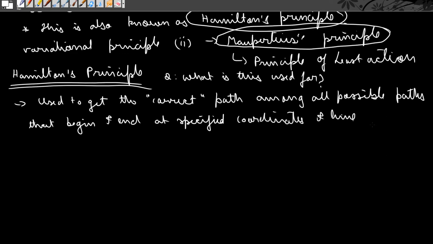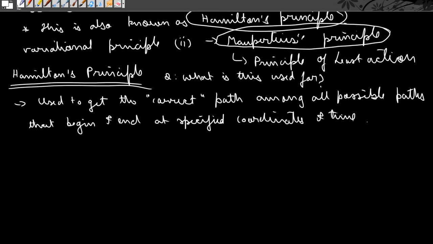What we mean by this is that to apply Hamilton's principle, we need to know the initial position and time of the system, and the final position and time of the system. That is, we need to know the beginning point and the ending point of all the possible paths, and we vary the action among all these paths.